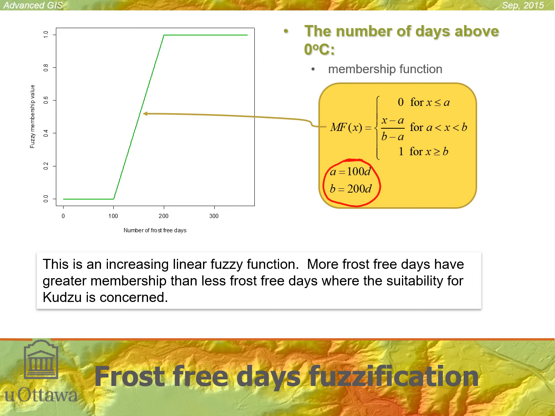So there's nothing new to learn here. But we have A and B, 100 and 200, and we have to note that it's an increasing function. So we know what order to put these two values in the fuzzy linear function in Python.